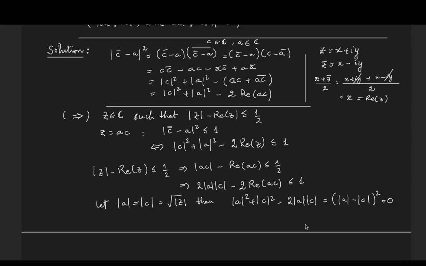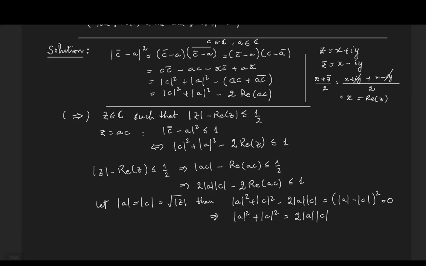But that would be equal to 0, since |a| = |c|. That would imply that |a|² + |c|² is equal to 2|a||c|.